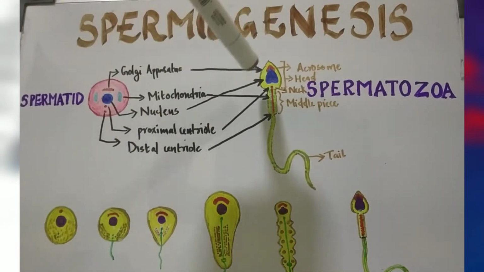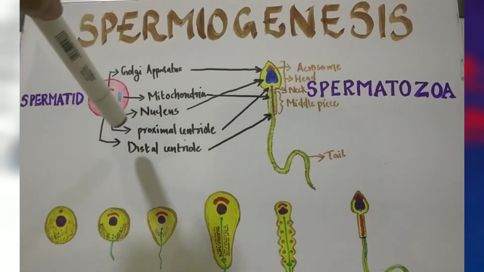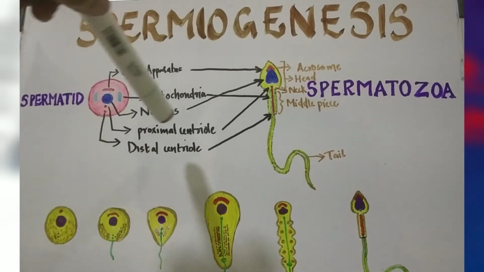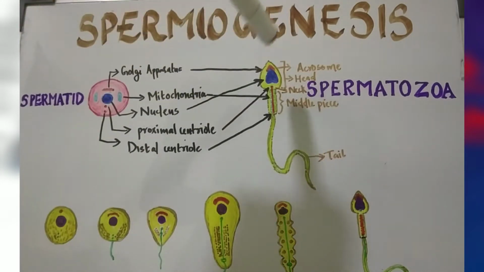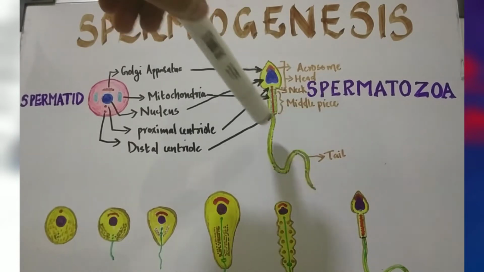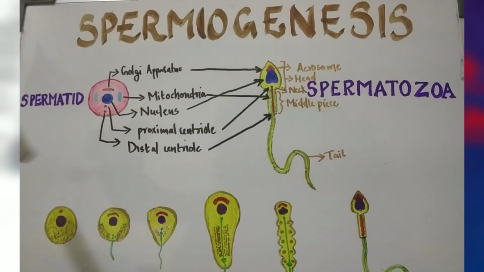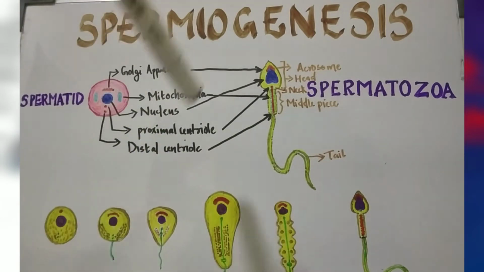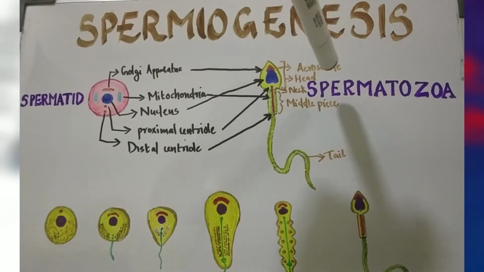The nucleus is involved in the formation of the head. The proximal centriole is involved in the formation of the neck, and the distal centriole is involved in the formation of the middle piece. Thus each structure in the spermatid is involved in the formation of the spermatozoa.